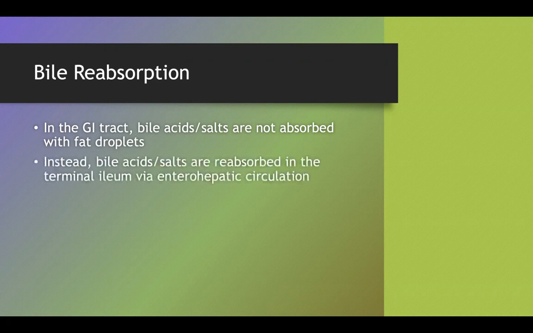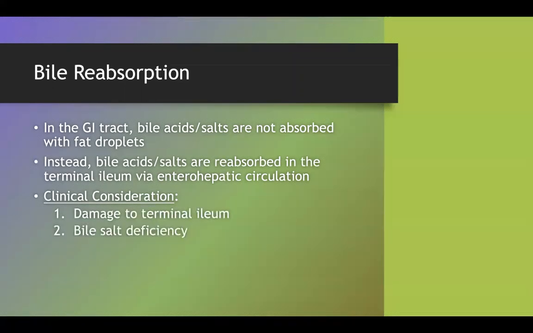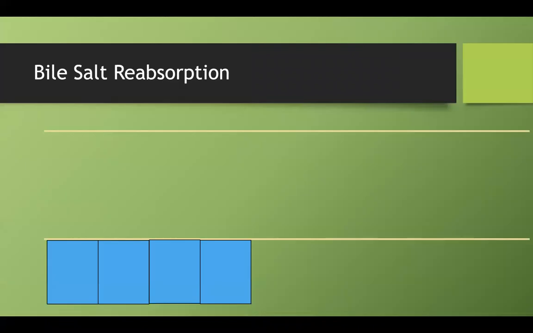So instead of being reabsorbed with the fat micelles, the bile salts get reabsorbed later on in the terminal ileum. And because it really prefers getting reabsorbed in the terminal ileum, if you have any damage to the terminal ileum, you can ultimately start having a bile salt deficiency and subsequent fat malabsorption.